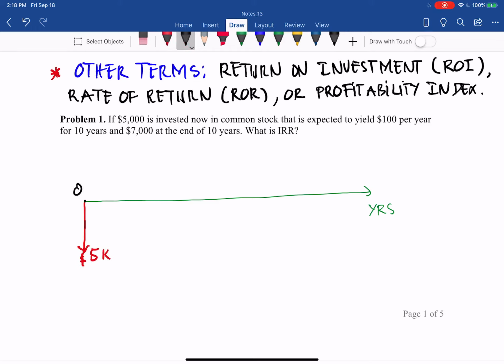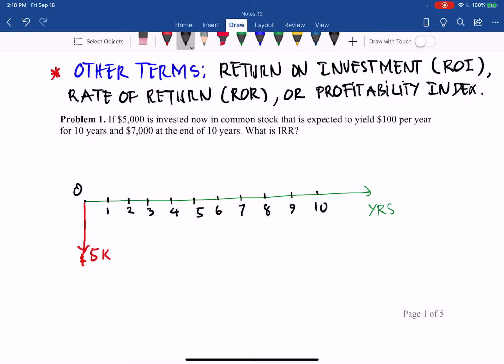And it's expected to yield 100 per year for 10 years and 7,000 at the end of year 10. So that investment lasts for 10 years: 1, 2, 3, 4, 5, 6, 7, 8, 9, 10.